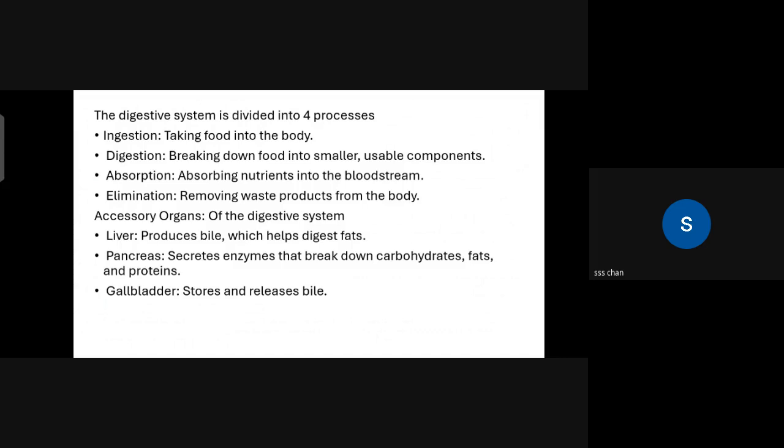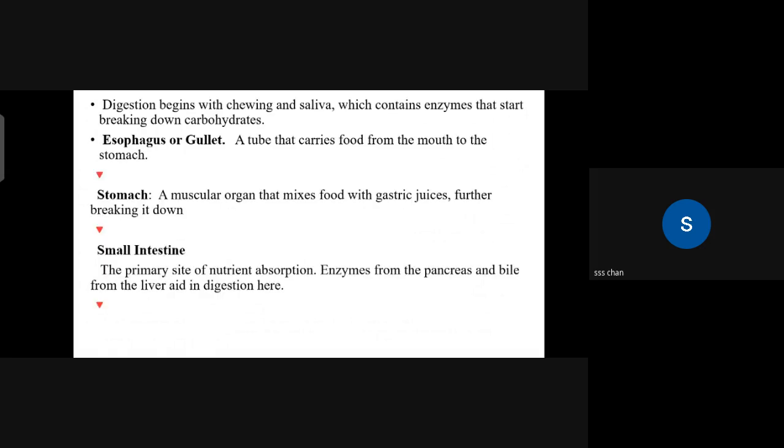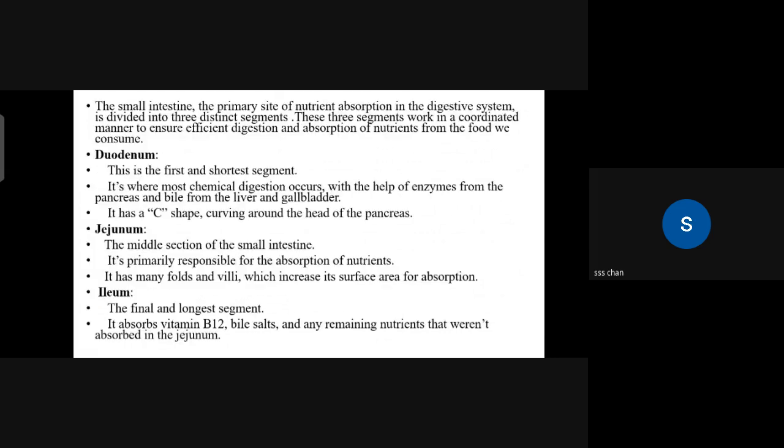Elimination is your excretion. Absorption is the movement of nutrients into the body, and this takes place in your small intestine, precisely the villi. We can see that in the previous question that we answered. The villi is part of the absorption step of the digestive system. So these are the key parts and steps of the digestive system.